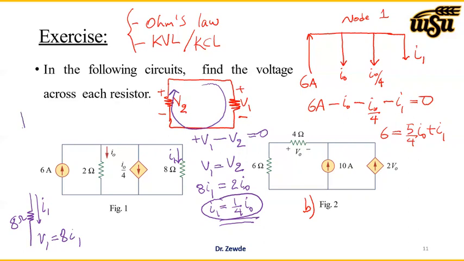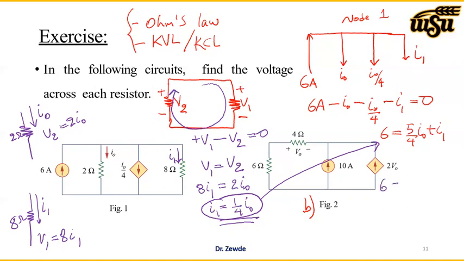For V2, I had the 2 ohm resistor, and the current is I0, so V2 is 2 times I0. This is using Ohm's law. We substitute V1 and V2 with 8 times I1 and 2 times I0. Now we find the relation, so I can substitute that back into this. Let's do that.